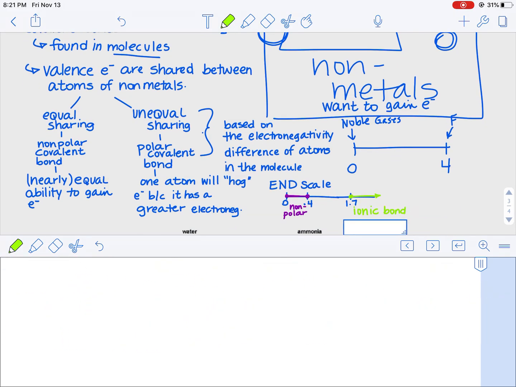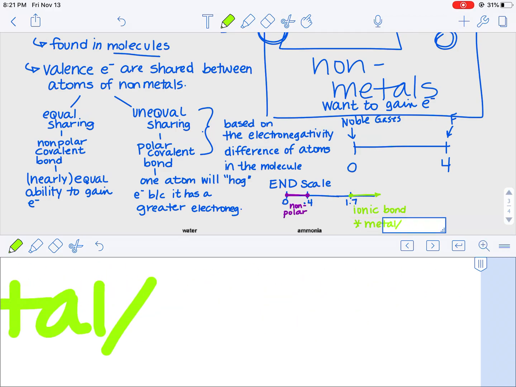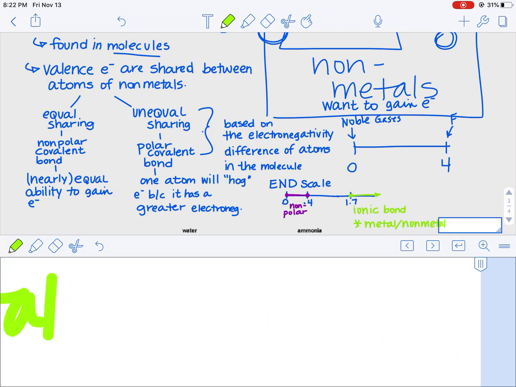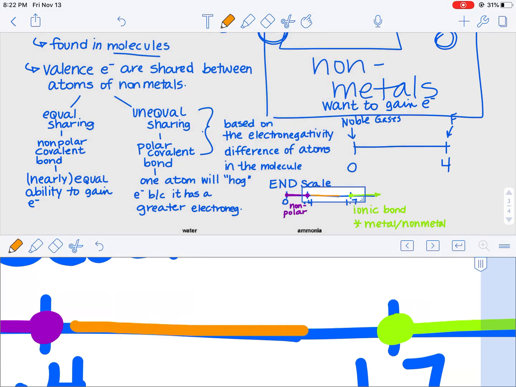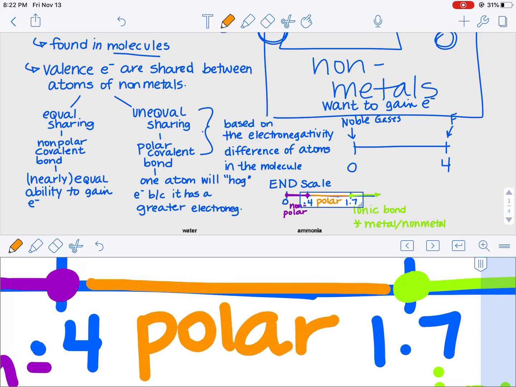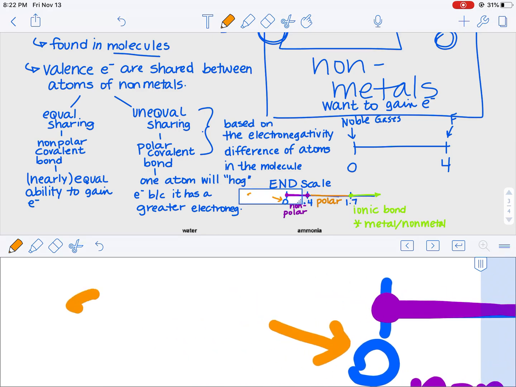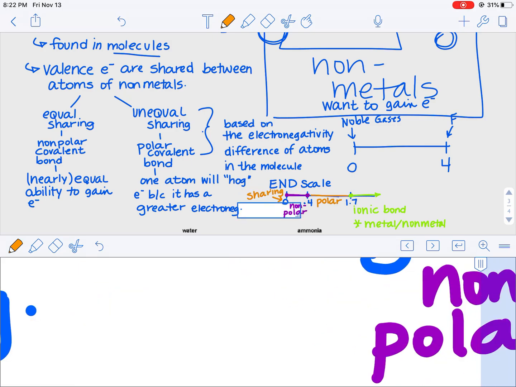But remember, we have to double check metal, nonmetal for it to be ionic. And if we're in the middle here, so if it's like 0.5 to 1.6, that's where we'll have a polar covalent bond. And what this scale is trying to tell you is that if the difference is 0, it means they're sharing perfectly. They're sharing equally.